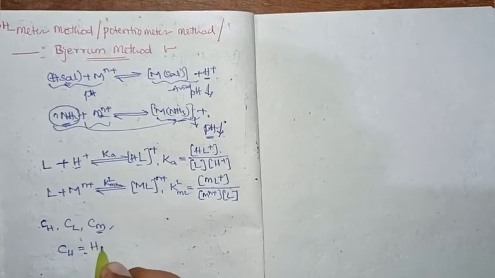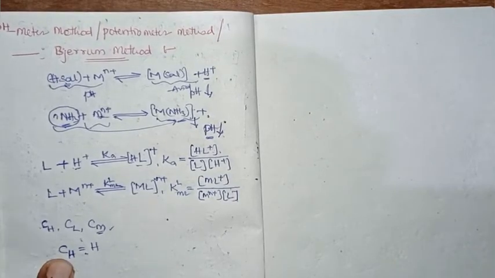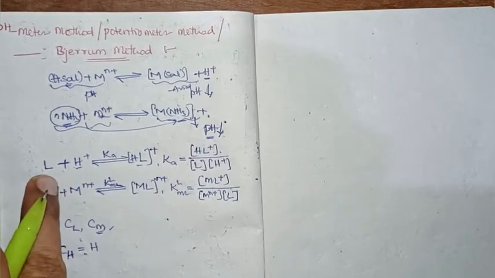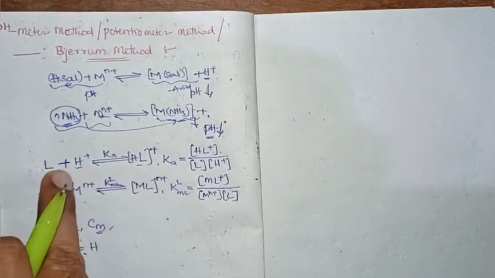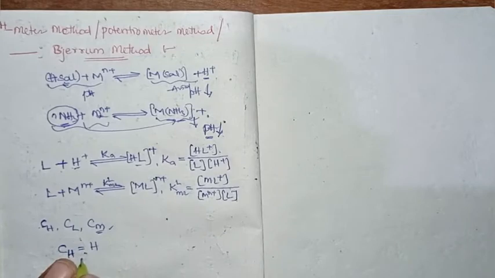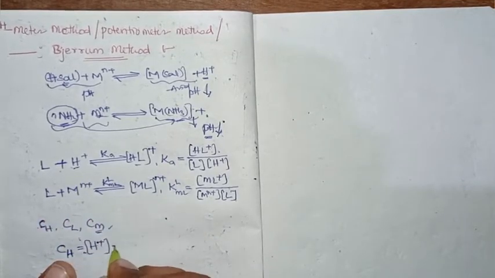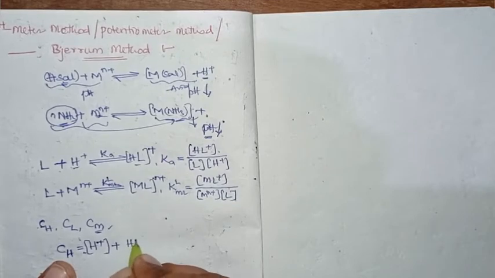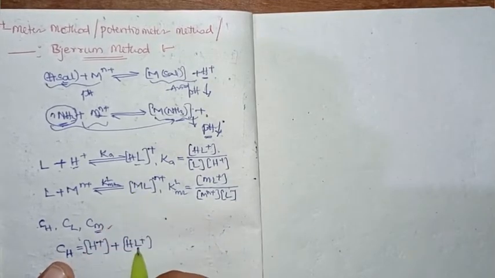If we consider CH as the concentration of proton in a protonation reaction with ligand, that could be equal to the remained proton concentration plus protonated ligand concentration, isn't it, right?